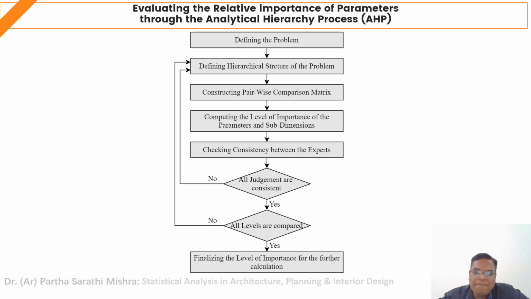Then we have to find out which alternative is the optimized solution for our problem. Otherwise we go again to defining the hierarchical structure of the problem, then constructing the pairwise comparison matrix, then the level of importance of the variables, attributes, parameters. Then again we check the consistency among the experts. If everything is okay and we achieve the consistency level, then we finalize the level of importance for further calculations.